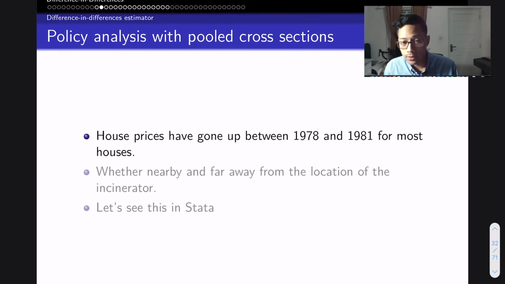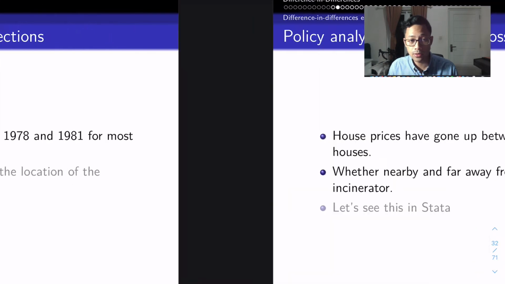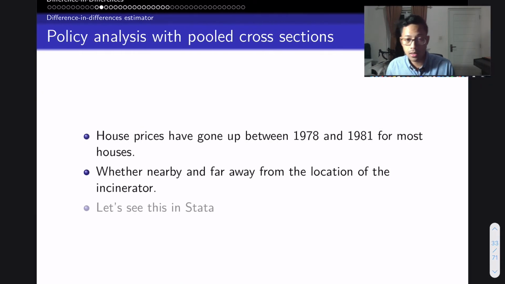In general, another thing we need to consider is that house prices may have gone up between 1978 and 1981 for most of the houses in the sample. And this is true not only for houses close to the incinerator, but also for houses far away from the incinerator.